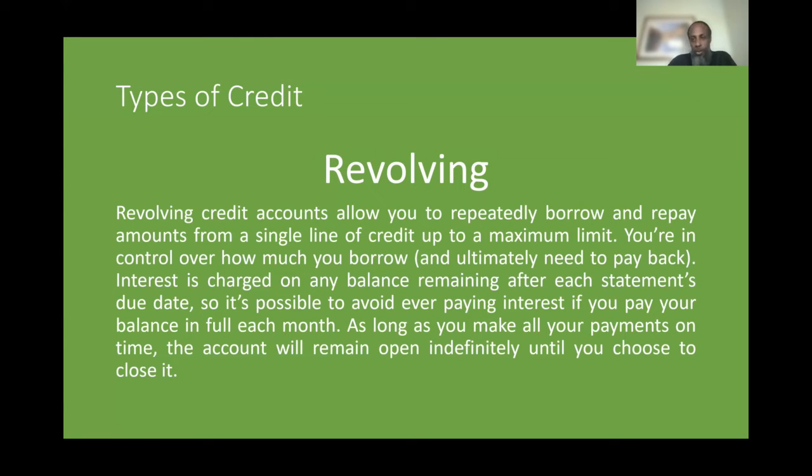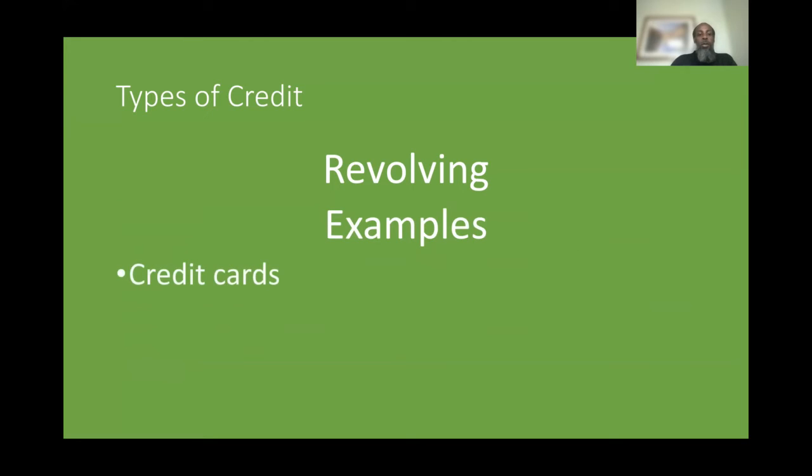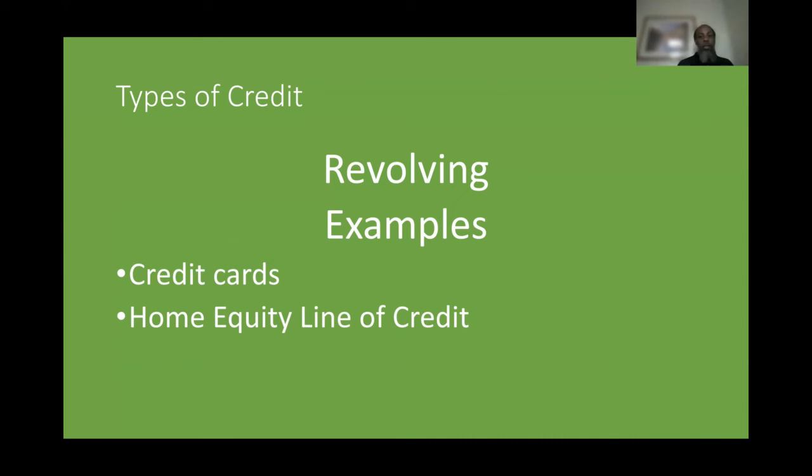So what are we talking about? Credit cards, right? As long as you make all your payments on time, the account will remain open indefinitely until you choose to close it. So credit cards will be the example. A home equity line of credit will be the example. And so these are very good forms of revolving credit, rather. These are very good forms of credit as well.